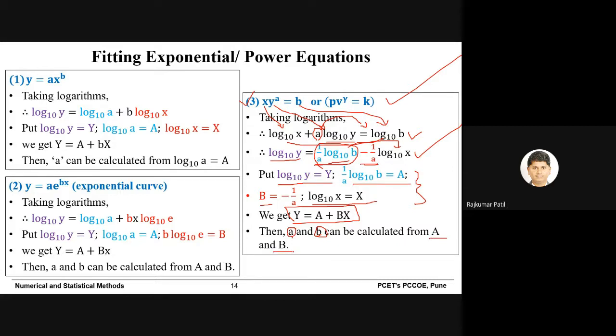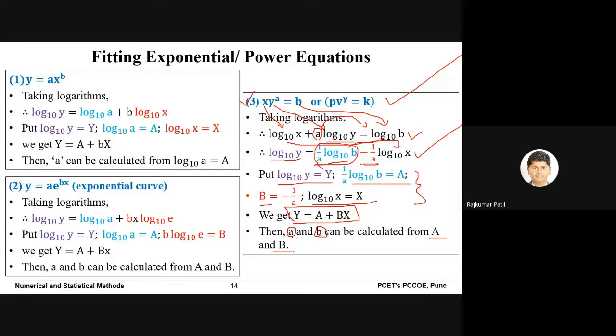So what we have seen in this particular type of problem is that the equation will be of exponential or power type, as you can see in equations 1, 2 and 3. So what we have to do is take the logarithm and simplify the equation.